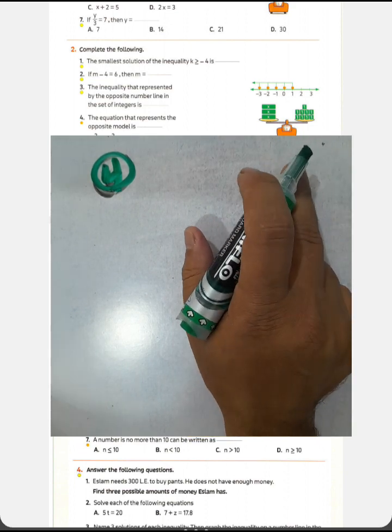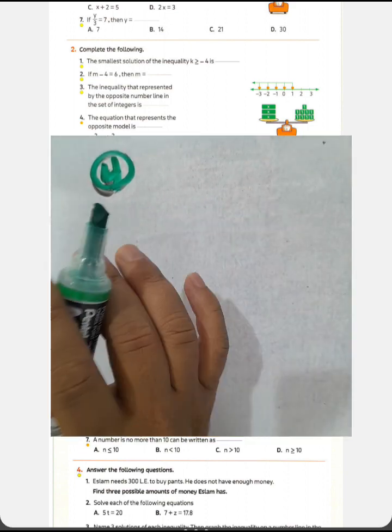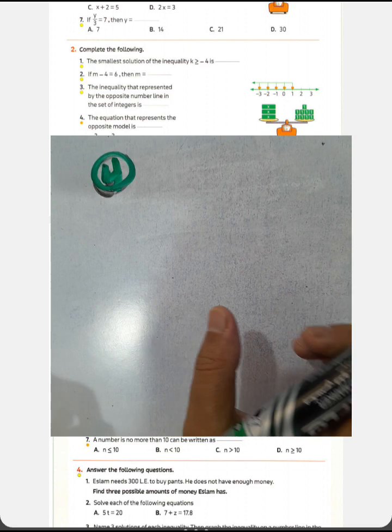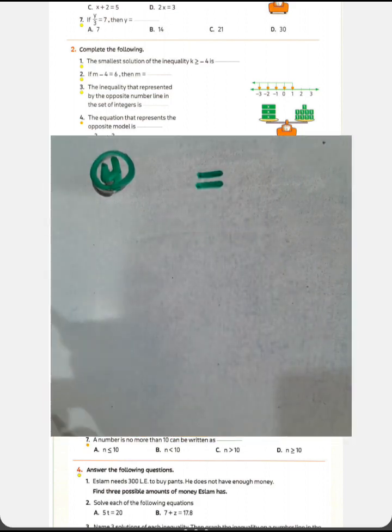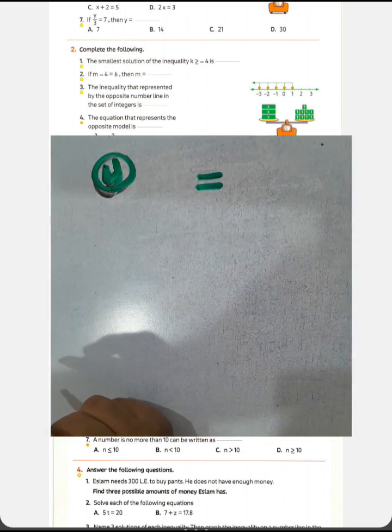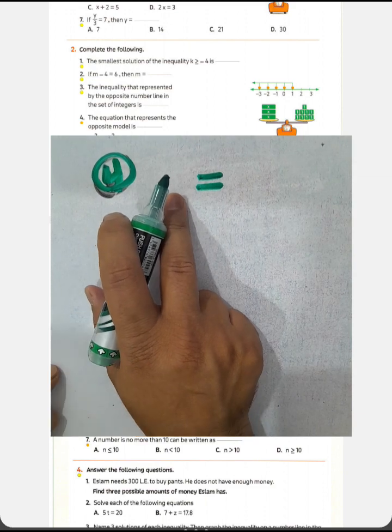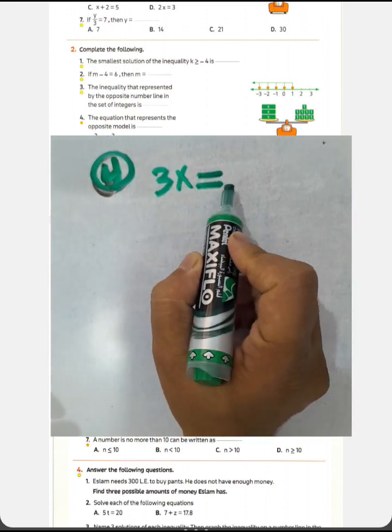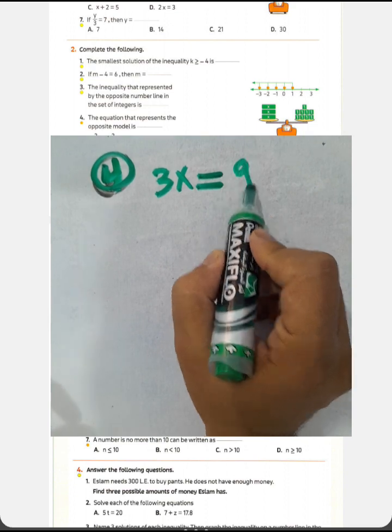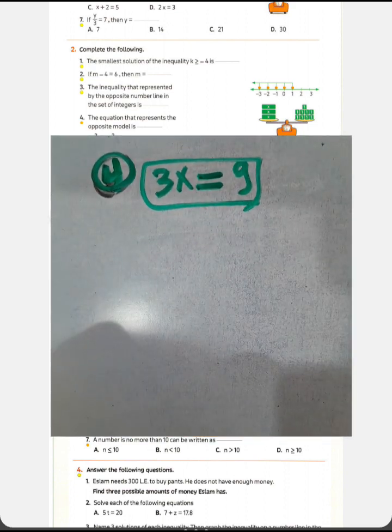We can write the equation. An equation contains two expressions, and we write the equal sign between the left hand side and the right hand side. This expression will be what? 3x, and this expression will be what? It will be 9. You want to find what? The equation that represents the opposite model.